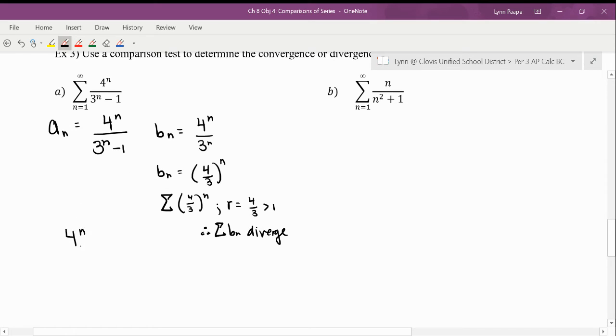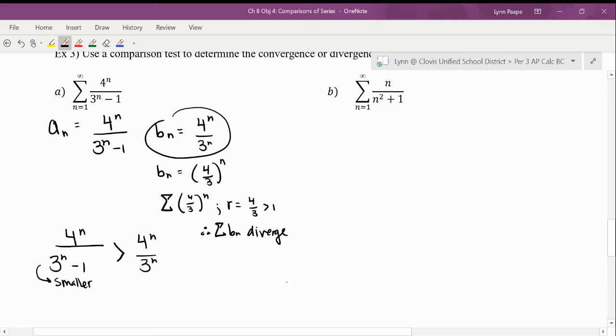So I have 4^n over 3^n minus 1, and I want to compare that to 4^n over 3^n. I'm using this version of it so I can look at them side by side. Because my denominator over here is subtracting 1, this denominator is smaller. And if the denominator is smaller, the fraction is larger. So that's the way the inequality would go.